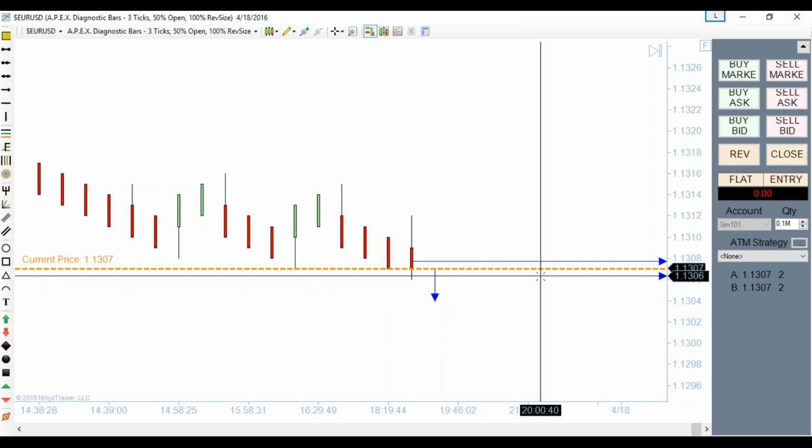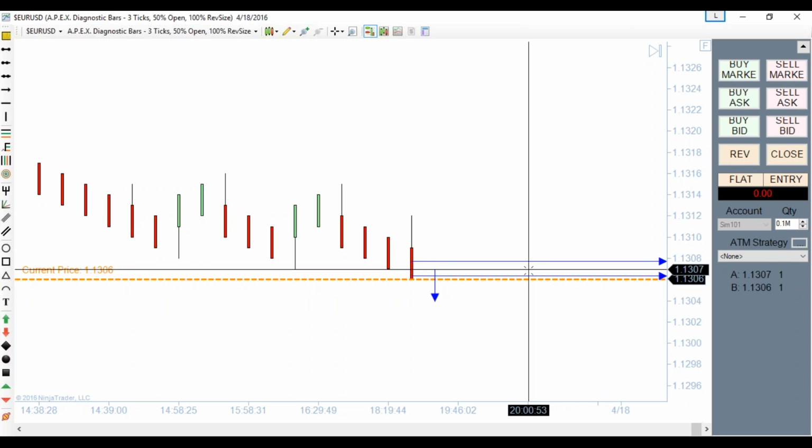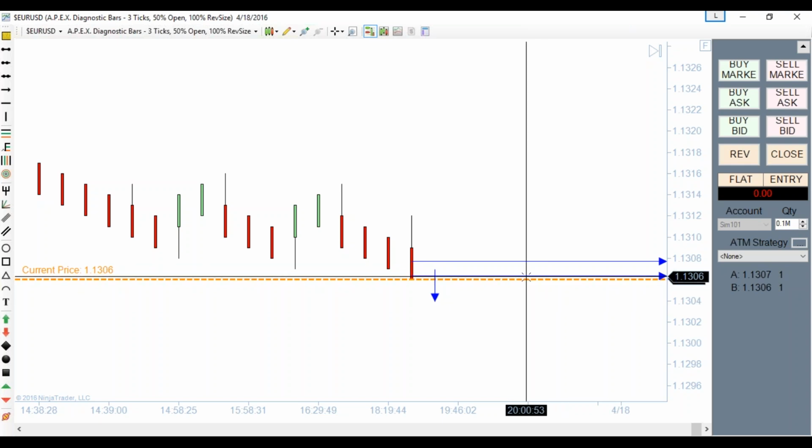The binary I bought for $63 at a strike price of 1306. Did my binary win or lose? My binary lost. And how much did I pay for that binary? $63. So the market went down to 1304 and I lost how much? $63 on the binary.